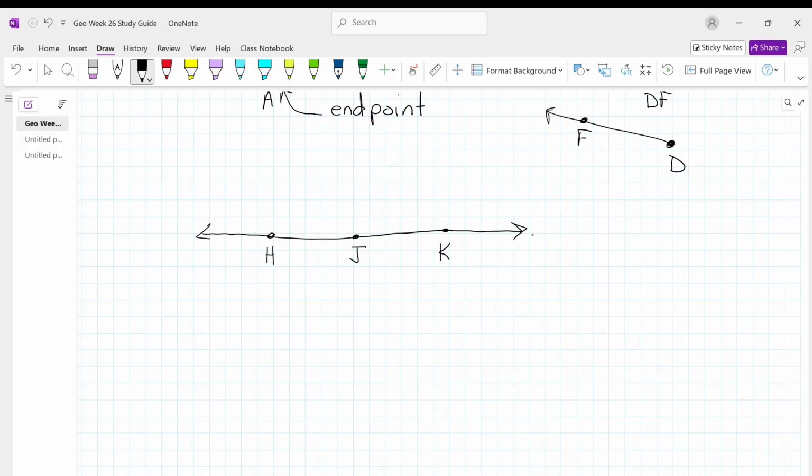And a lowercase cursive L is a name for this line here. So this would be called line L. So this line L has a bunch of different rays in it. It's got a ray that starts at J and goes through K. So we've got ray JK.